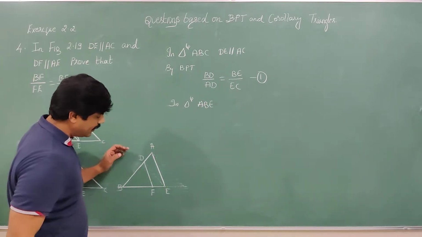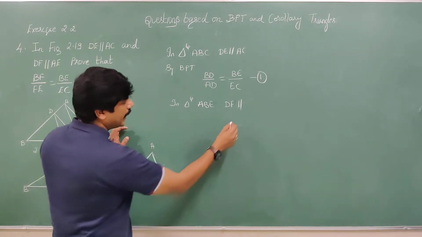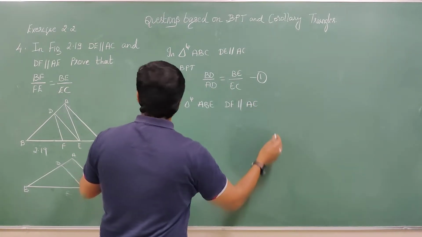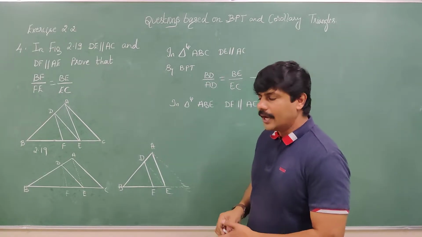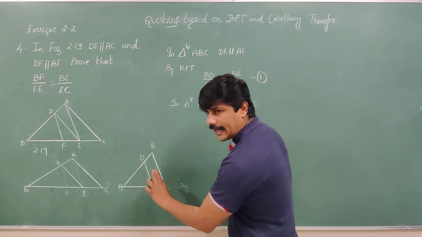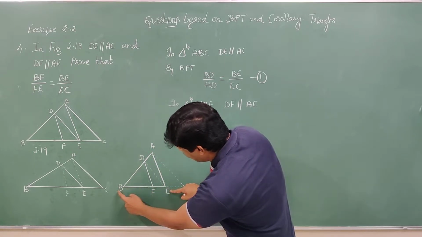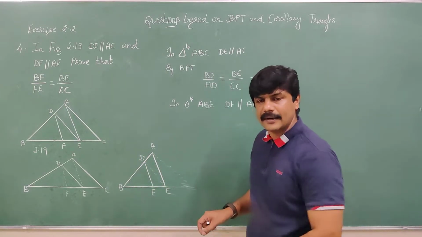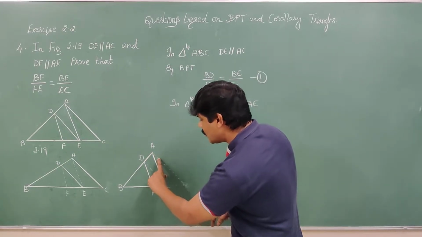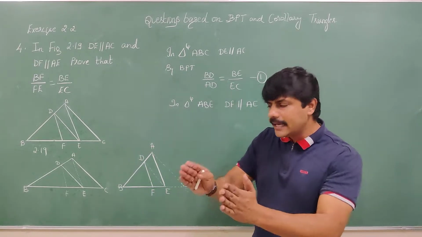In triangle ABE, DF is parallel to AE. This parallel line intersects AB at D and BE at F, so it divides the other two sides in equal ratio.